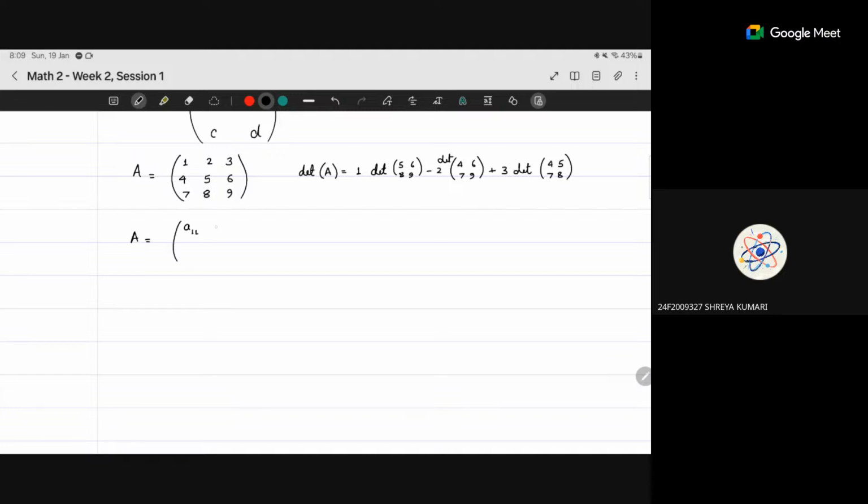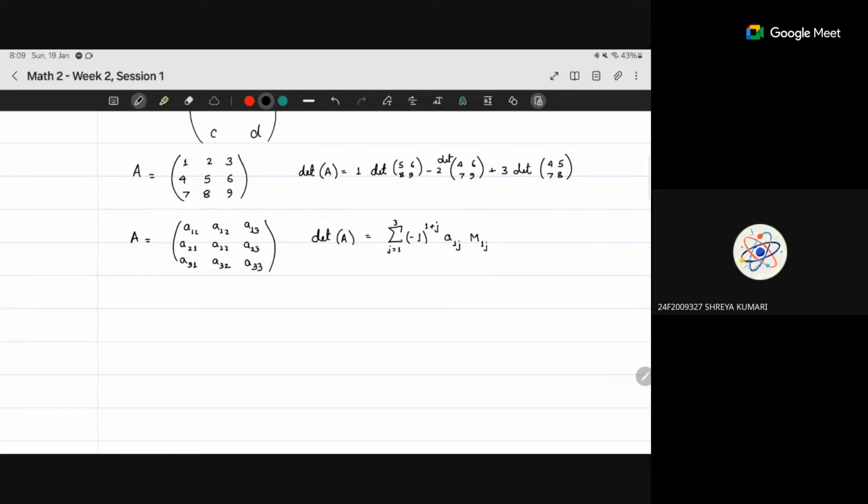But more generally, if I have A11, A12, A13, A21, A22, A23, A31, A32, A33, then the determinant of A is computed using the formula summation j going from 1 to 3 of minus 1 to the 1 plus j, A1j, M1j.